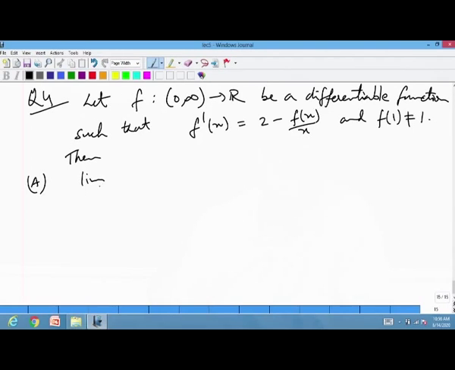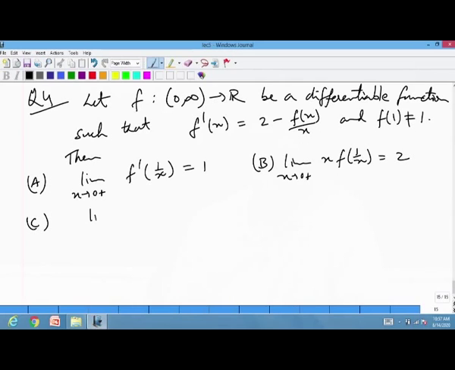So, first option is limit x tending to 0 plus f prime 1 by x equal to 1. B is limit x tending to 0 plus x times f 1 by x equal to 2.